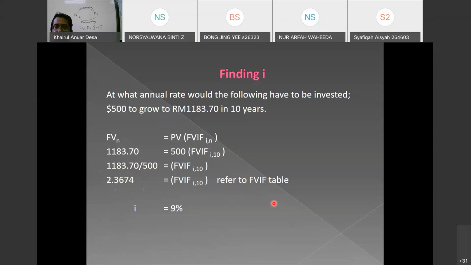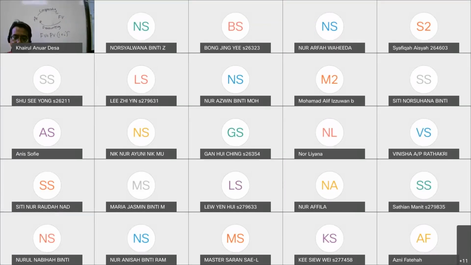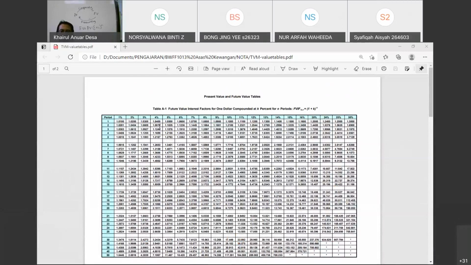Sekarang kita akan melihat jadual yang dah ada tadi. Okay, tadi ingat berapa nombornya? 2 perpuluhan. Kalau kita nak cari di sini, di manakah 2.3674 tadi?